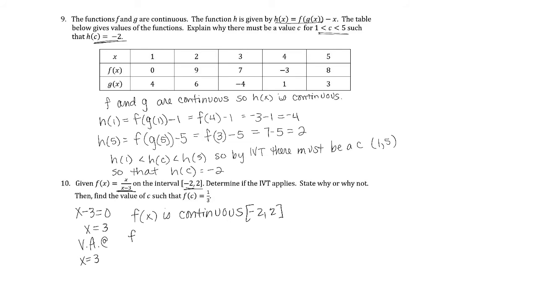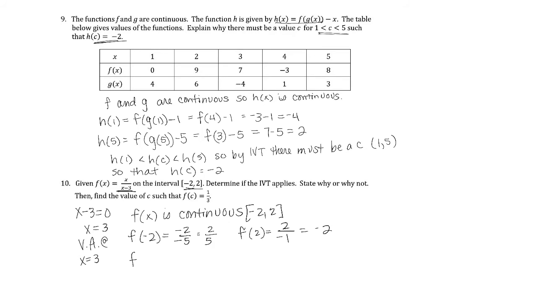And then we need to check the value of f at -2. And so that's going to be -2 over -5, so positive 2/5. And we need to check f at +2, which is going to be 2 over -1. So I have -2. So it's safe to say that 1/3 is between those two.